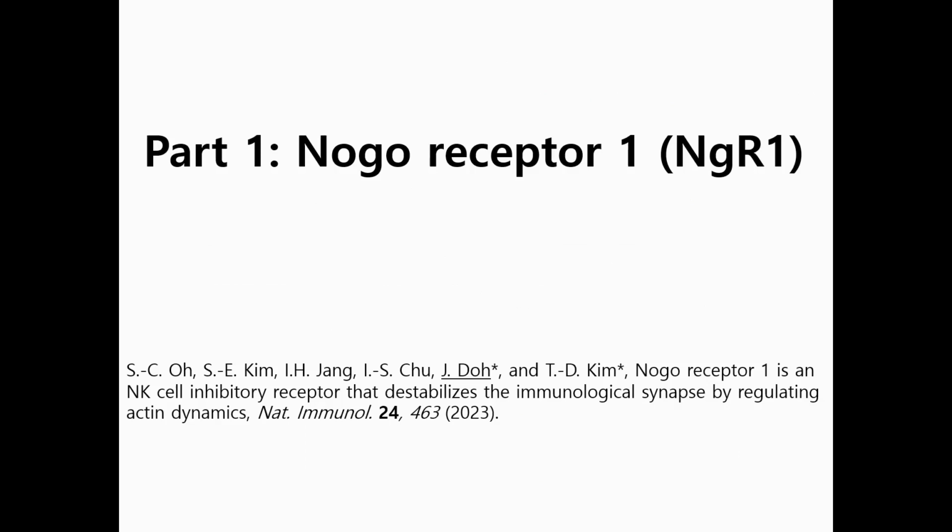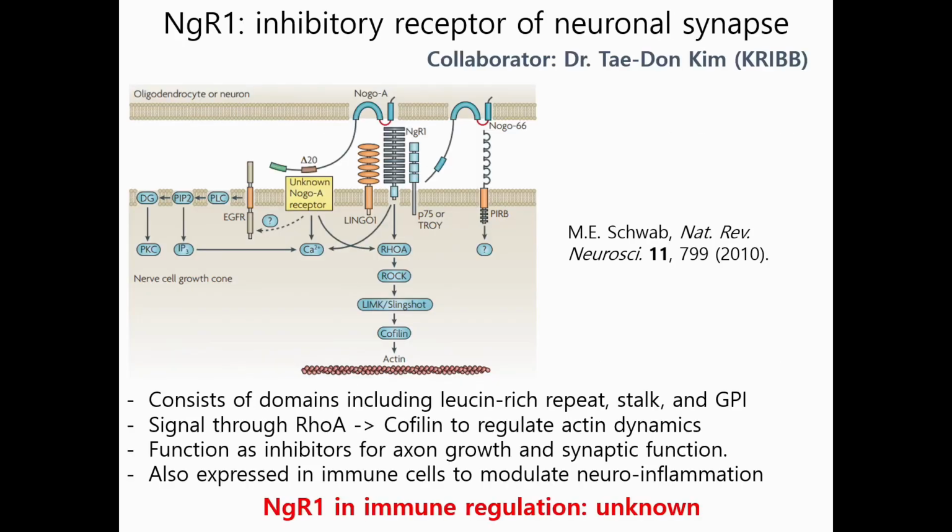The first part that I want to talk about is the role of NOGO receptor 1. NOGO receptor 1 is a very well characterized receptor in neurobiology. It signals through RhoA and modulates cytoskeletal actin dynamics. Its function in neuroscience is known as an inhibitor of axon growth and synapse function by regulating actin dynamics.